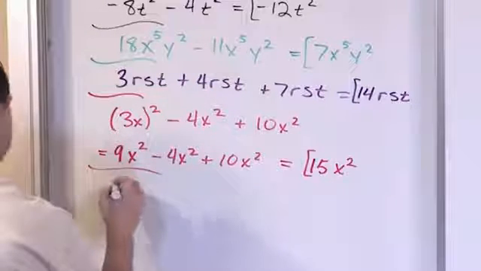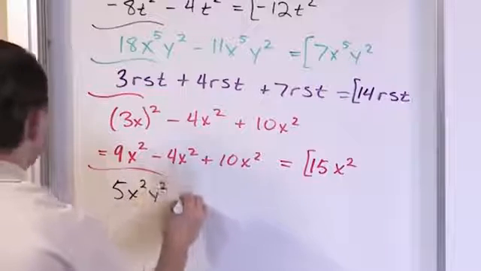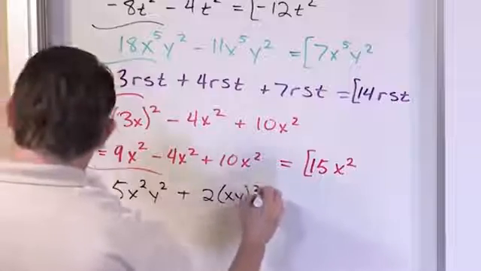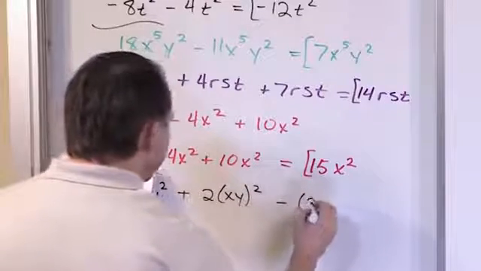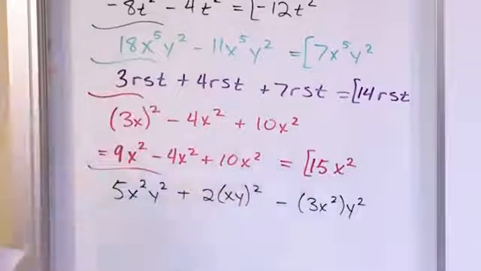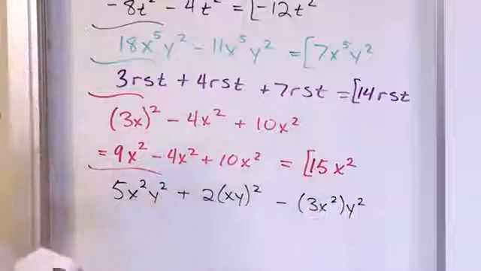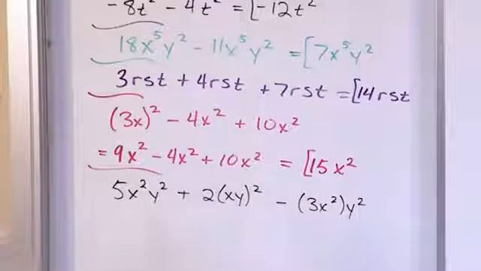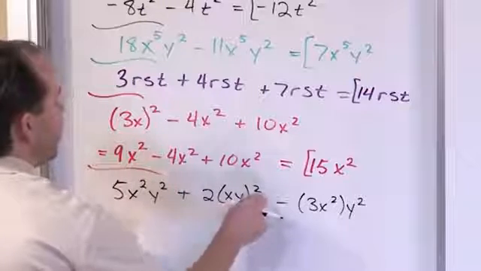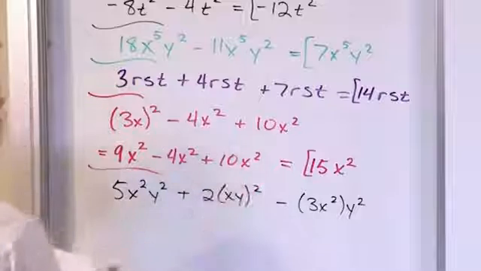All right, so let's have 5x squared y squared plus 2 times x times y squared minus 3x squared times y squared. So some of these problems are getting to look a little bit weird to force you to use some of the knowledge that you've used before. We know here that when we have a parenthesis with things inside of it and the exponent is outside, that applies to both, we just apply the exponent to both cases.